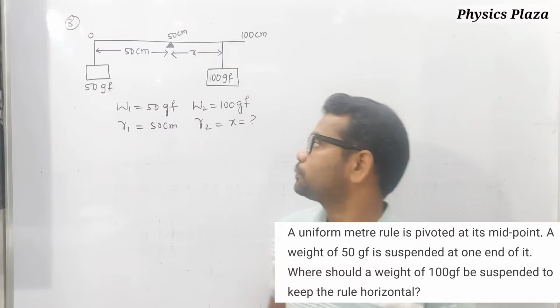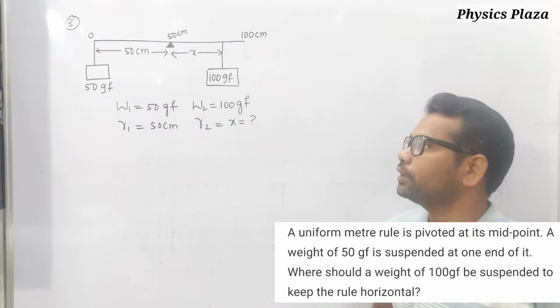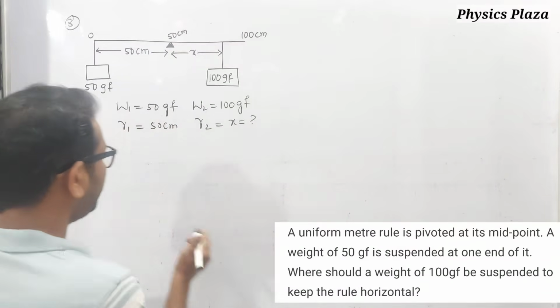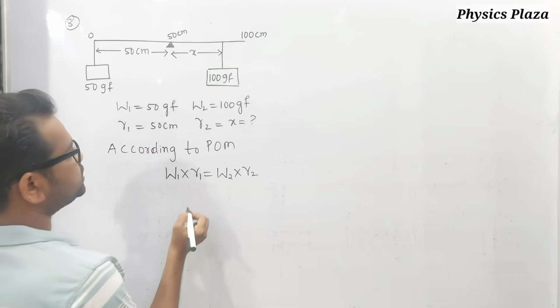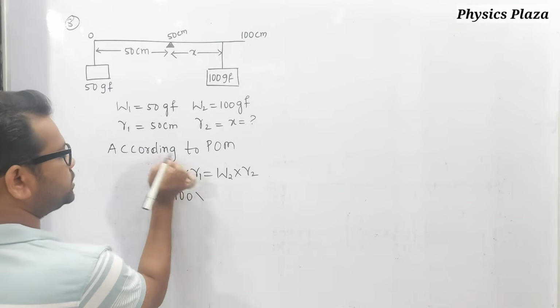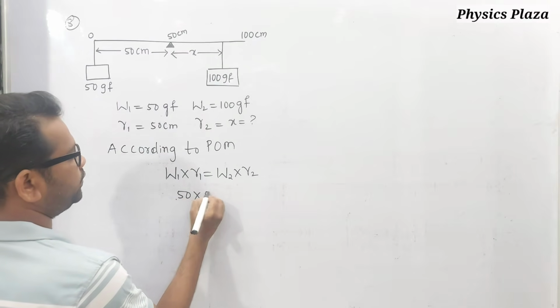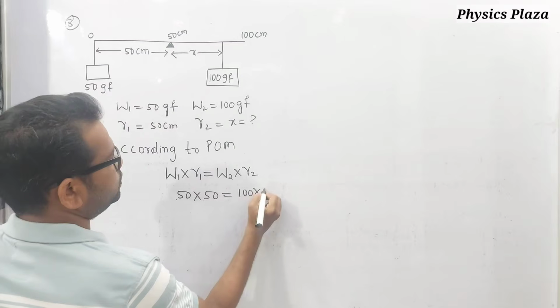Come on, just pause the video, try it. Did you get it? Got it? Try it. 3, 2, 1. Okay. So according to the principle, children, you should write W1 into R1 equals W2 into R2. So 50 into 50 is equal to 100 into x.